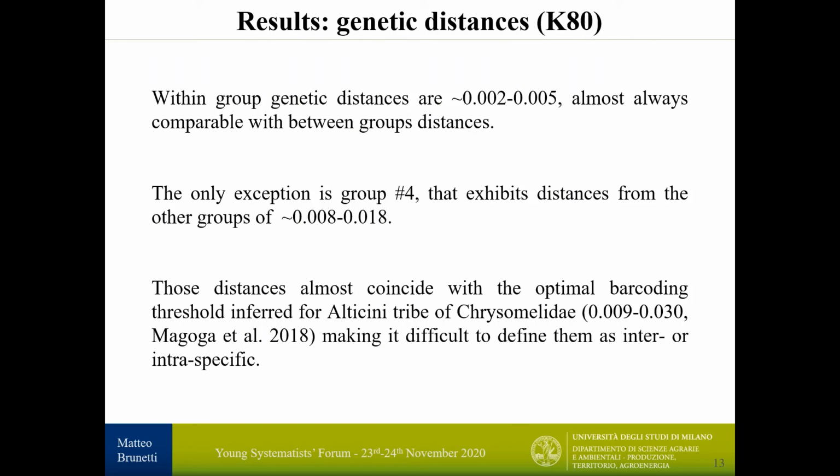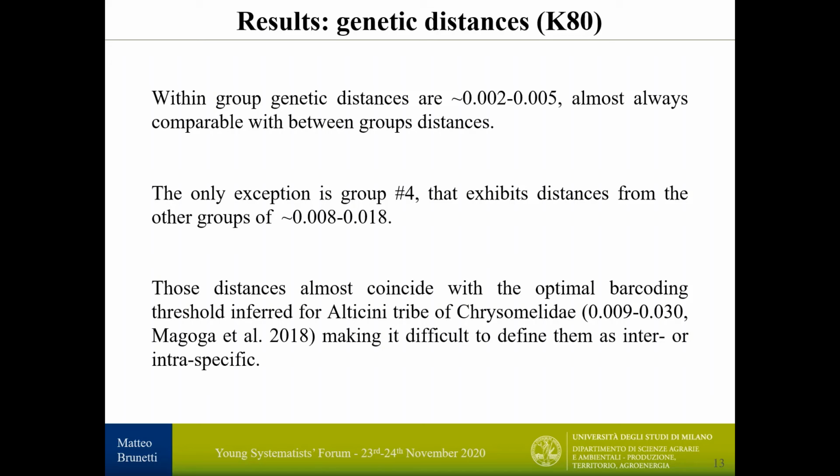Genetic distances computed on the CO1 region are usually used to determine the limit between intraspecific and interspecific clades. In our case, most of the distances within the group have a range comparable to between group distances, ranging from 0.2 to 0.5%.